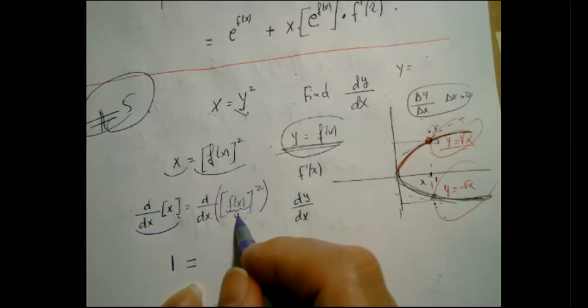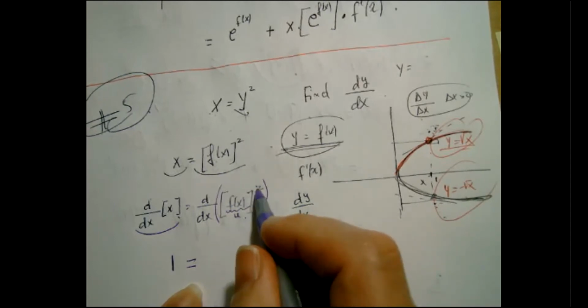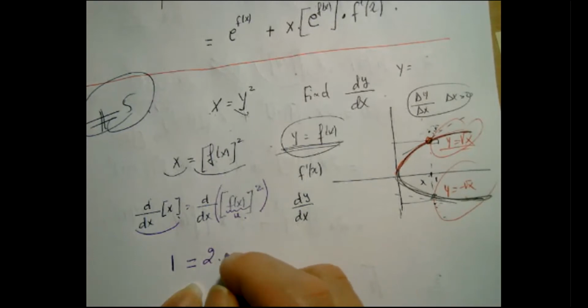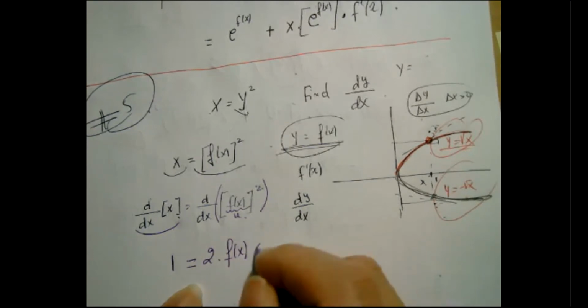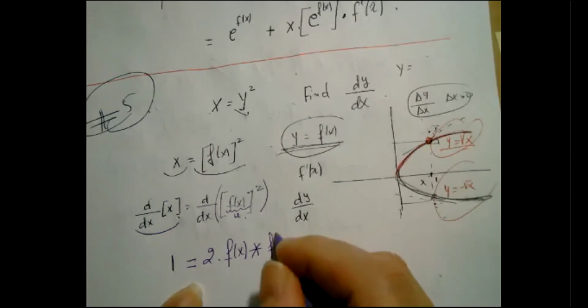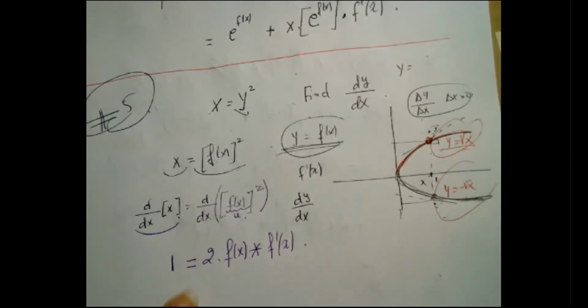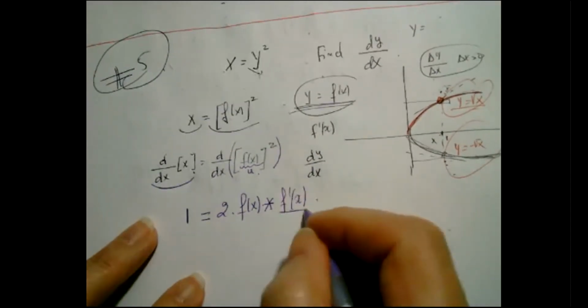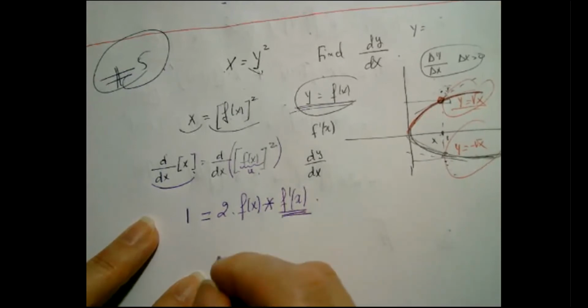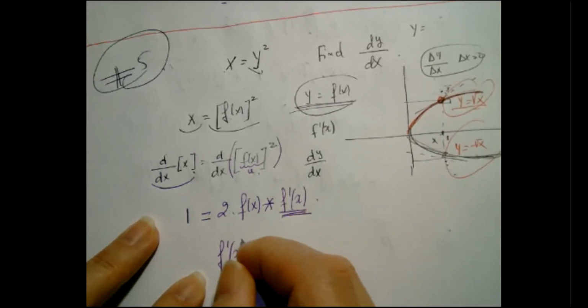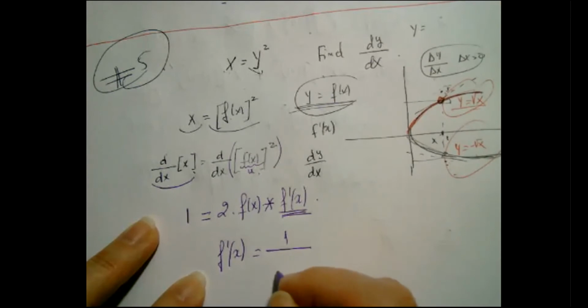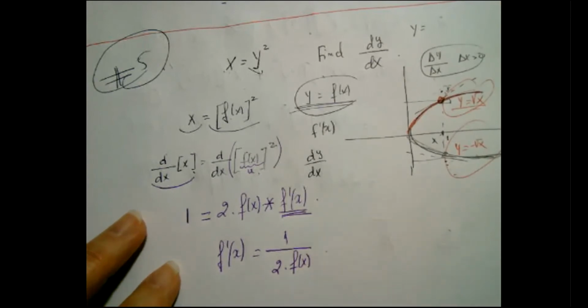So it's the derivative of the outside, which is the u squared, evaluated at the inside, times the derivative of the inside. And now I want f prime. So f prime would be 1 over, I solve for f prime, 2 times f of x.